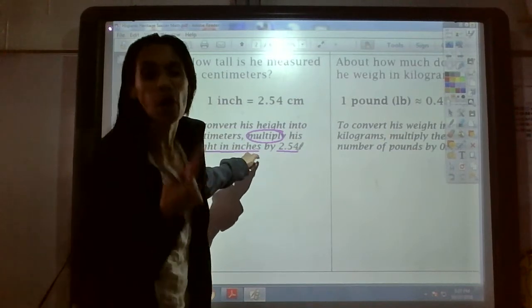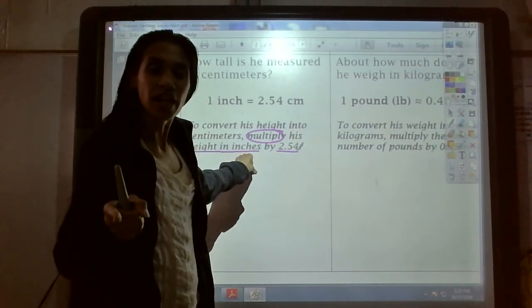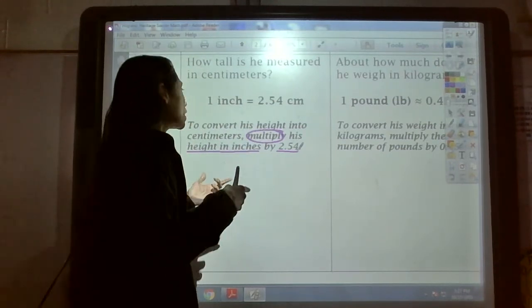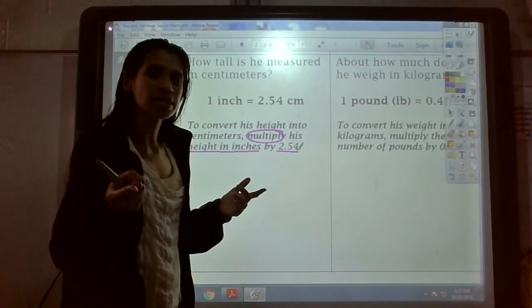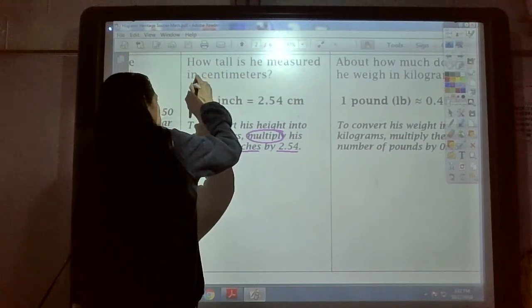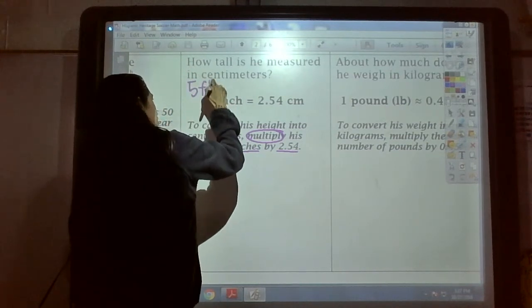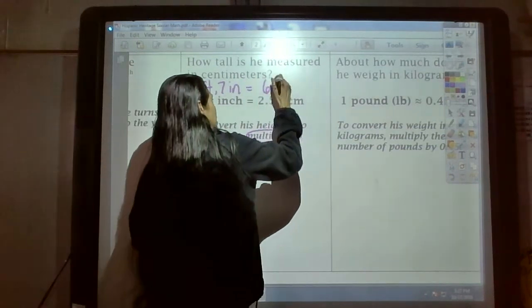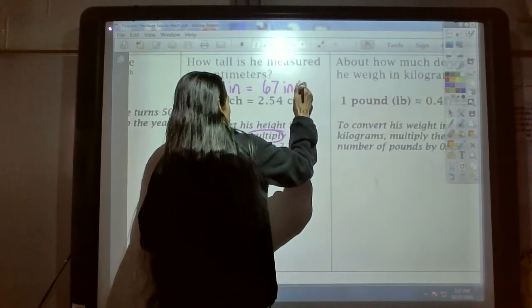But we did it in part 1, so you need the answer from part 1 to do part 2. How tall was he in inches? He was 67 inches. So 5 feet 7 inches is equal to 67 inches.